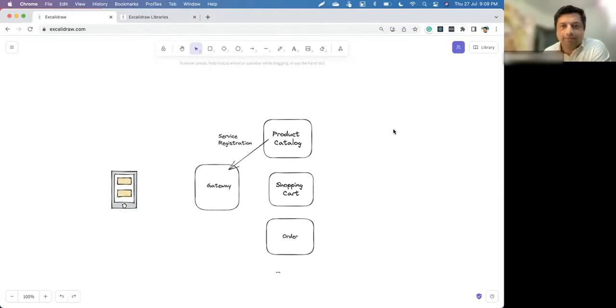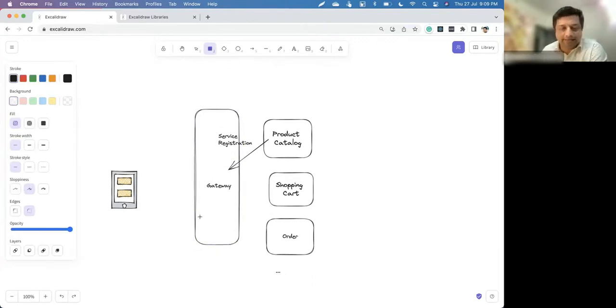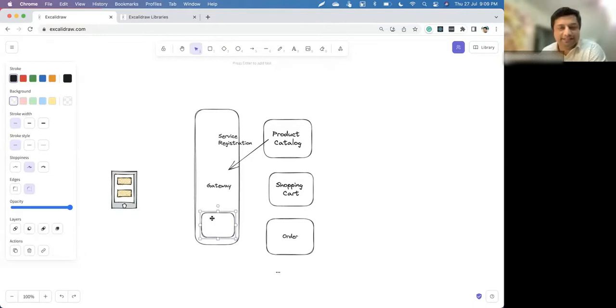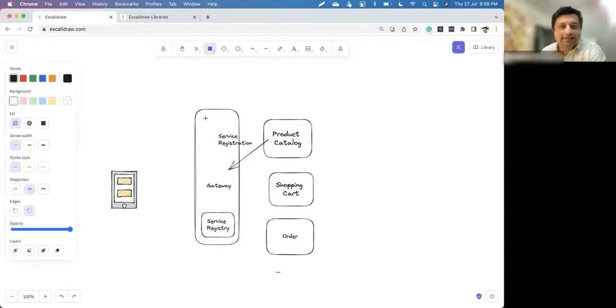See, you can think of the API gateway as a middleware, a big application, big software. It has many features. It has a service registry, this is one feature. There are other features as well.